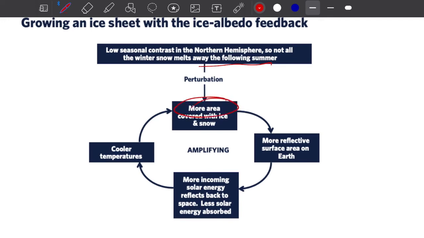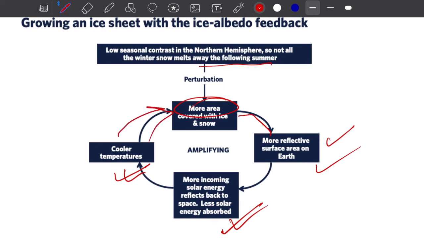Because of this perturbation more area is covered with ice and snow. More area covered means more reflection from the earth's surface. More reflection means less absorption of solar energy. Less absorption of solar energy means temperature will fall down.